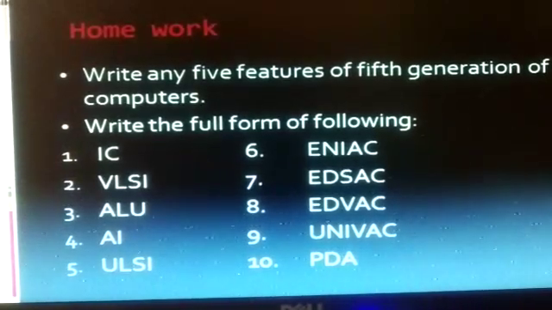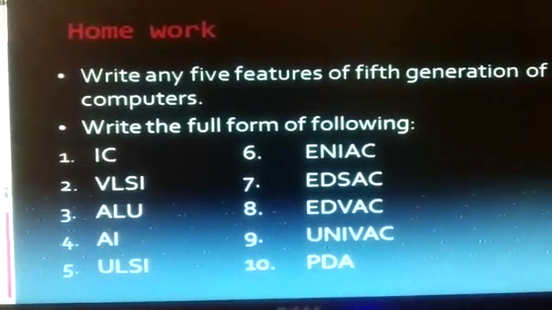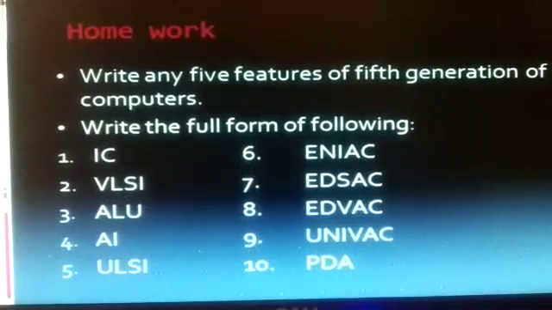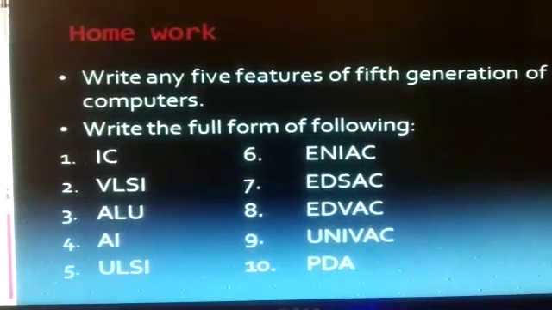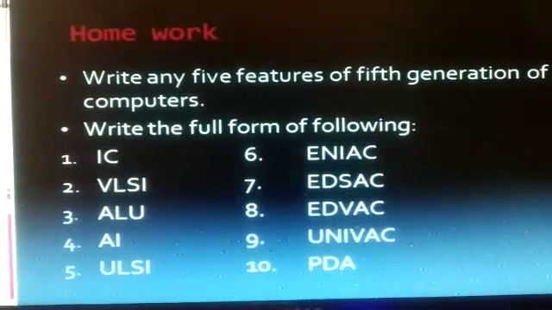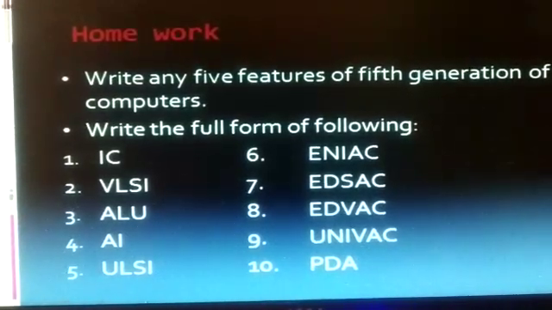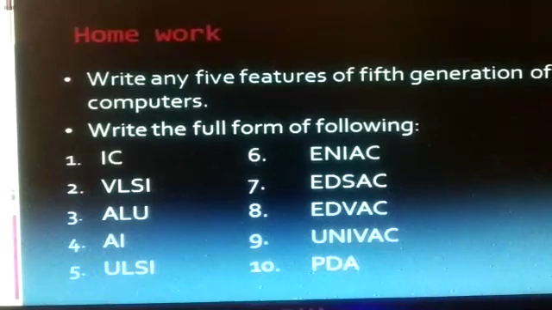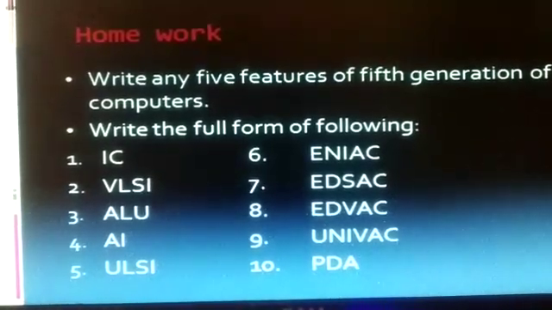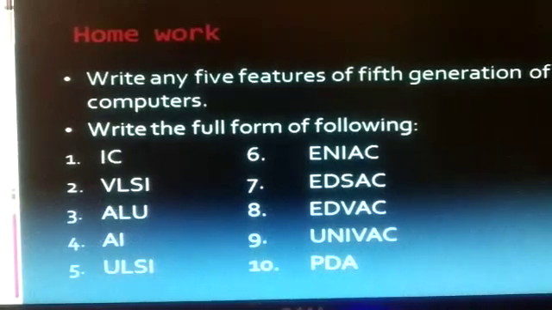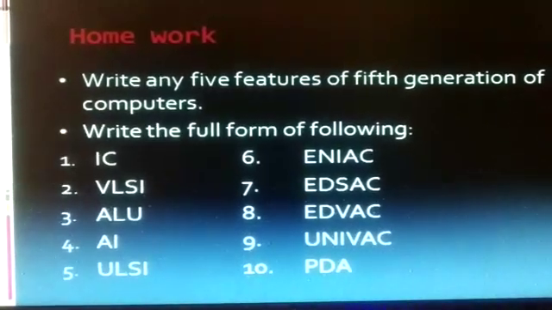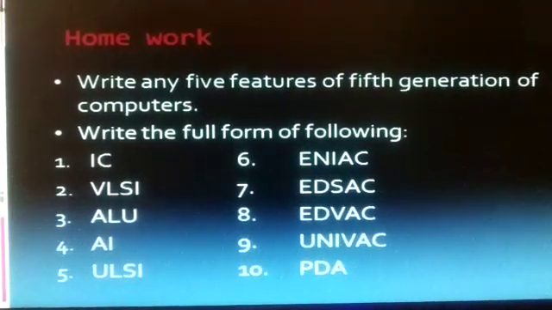Sixth, ENIAC. Seventh, EDSAC. Eighth, EDVAC. Ninth, UNIVAC. And tenth is PDA. You have to write the full forms of these 10 and write any 5 features of the fifth generation of computer.